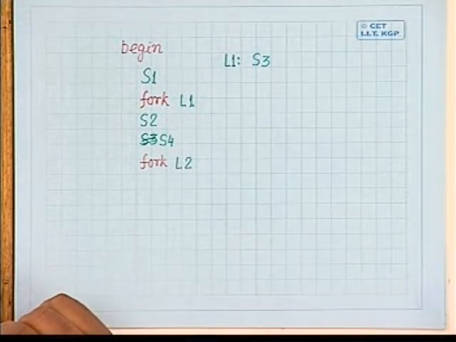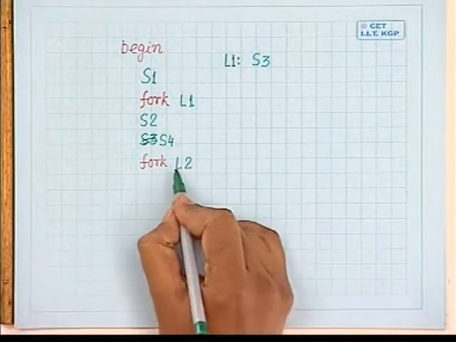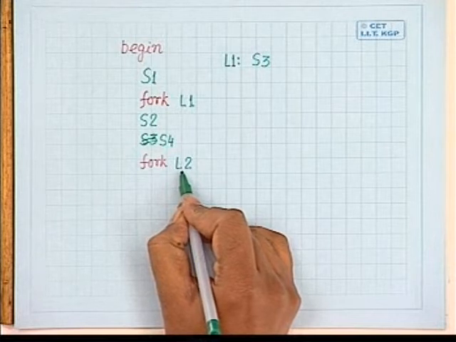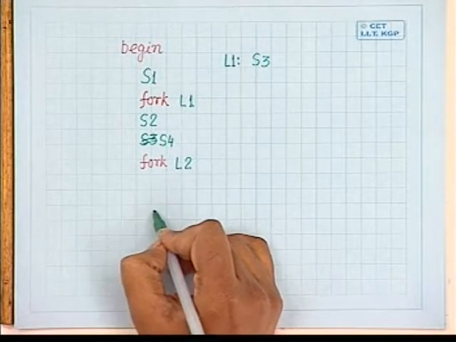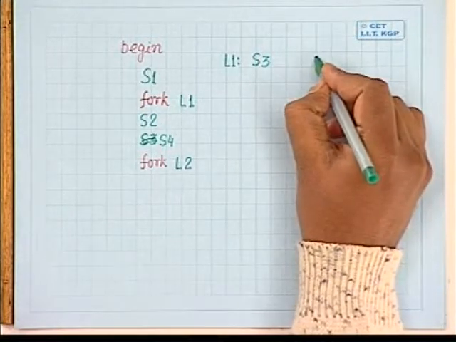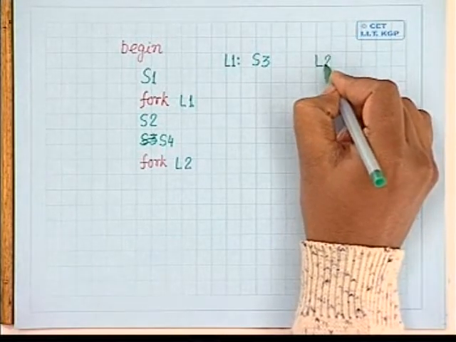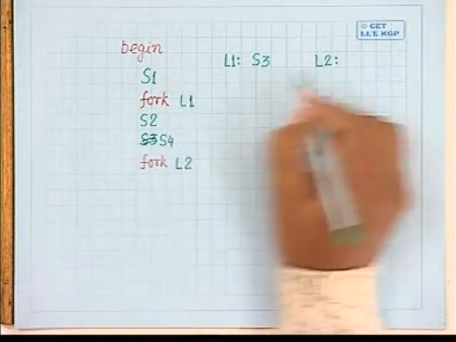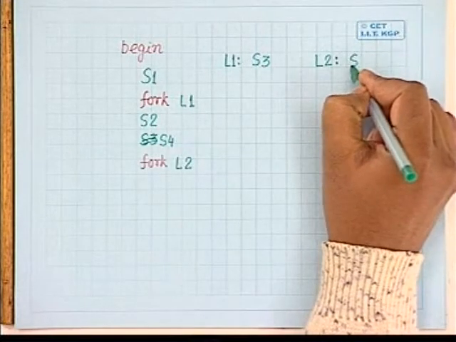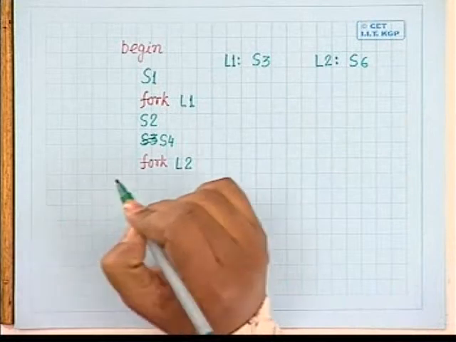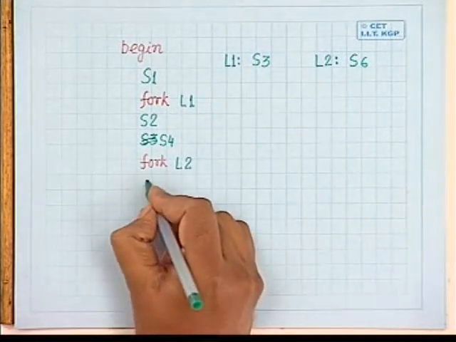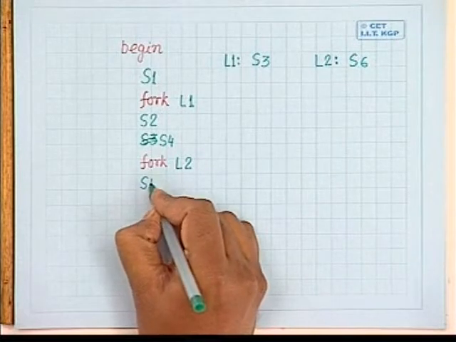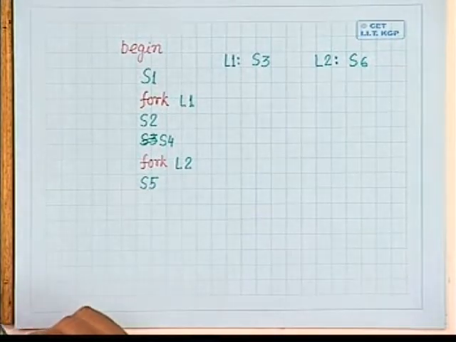So again, it creates two processes. One process starts execution at label L2. The other process continues with the statement following this fork statement. So I have label L2, and let me put the statement S6. It may be either S5 or S6, that does not matter. So let me put S6 here and S5 to be executed by the same process.